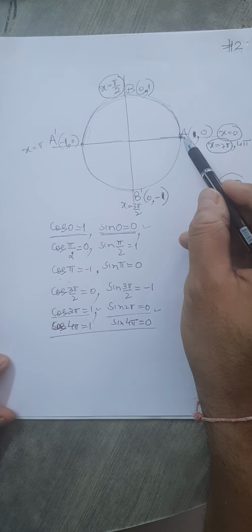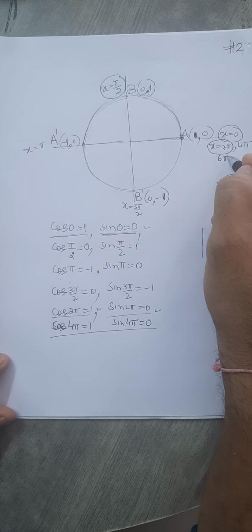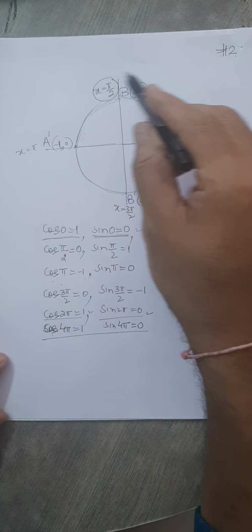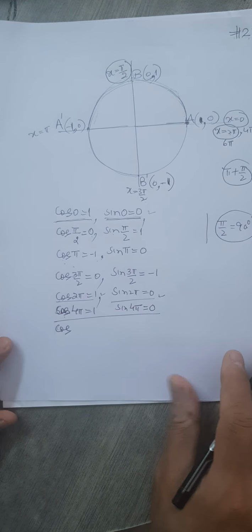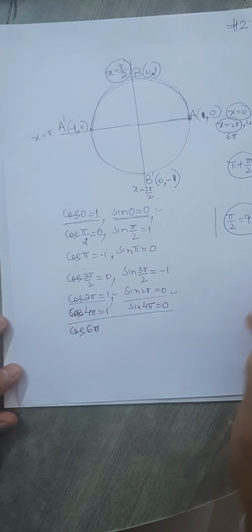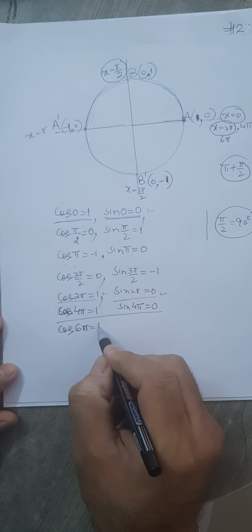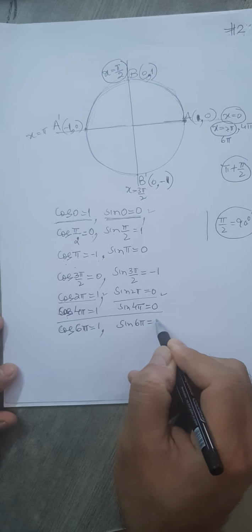Now, if I take one more rotation, I'll get 6 pi here, after 3 rotations in the anti-clockwise direction. So cos 6 pi, the first coordinate, is 1. What is sine 6 pi? It is 0.